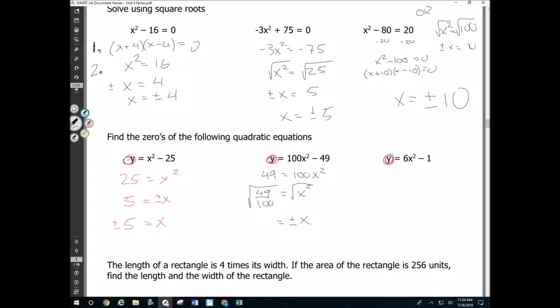You can either type in the square root of 49 over 100, or knowing from last unit that if you have a fraction to a power, it's the same as the pieces in my fraction to the same power, since it's like multiplication. I could take the square root of 49, which is 7. 7 times itself is 49. The square root of 100, which is 10, to get x equals plus or minus 7/10.